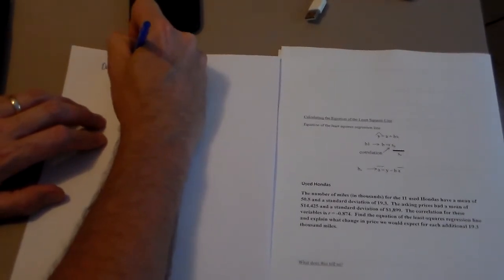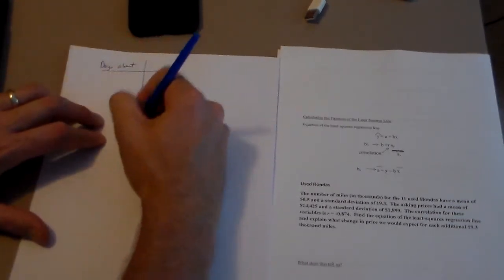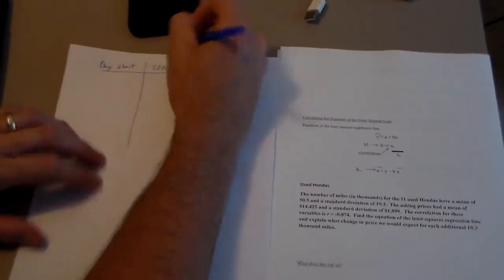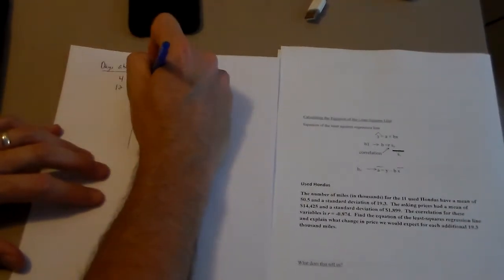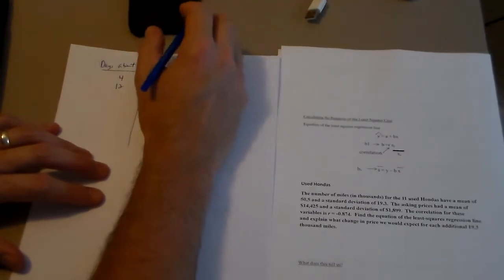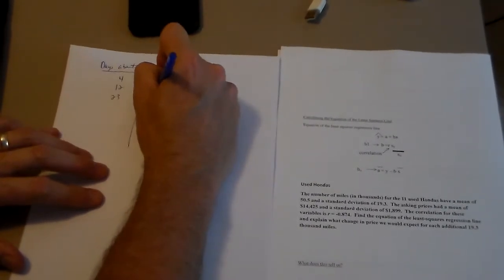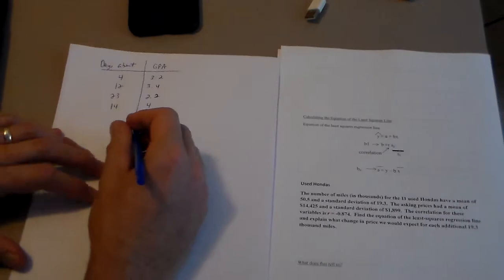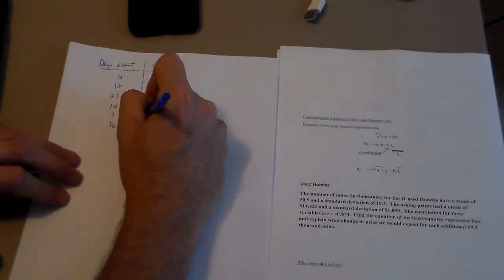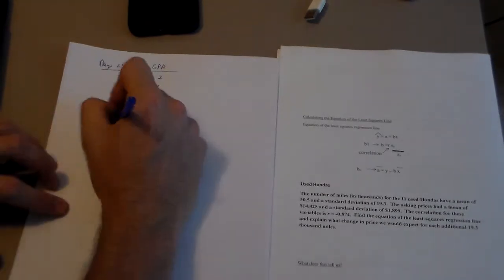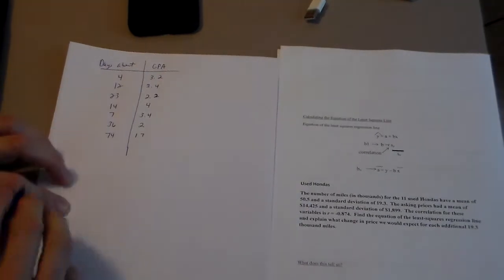Days absent. We want to see, is there a linear relationship between days absent and GPA? If someone has 4 days absent, their GPA is 3.2. 12 days absent, 3.4. 23 days absent, 2.2. 14 days absent, your GPA is a 4.0, pretty good GPA. 7 days absent, it's a 3.4. 36 days absent, what are you bothering for? 2. 74 days absent, my God, GPA of 1.7.